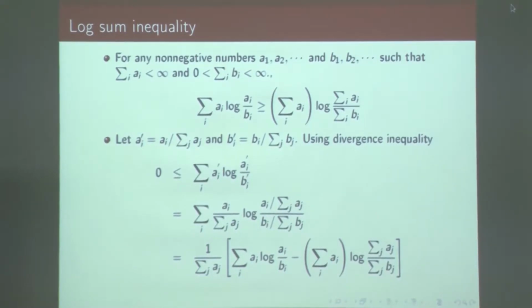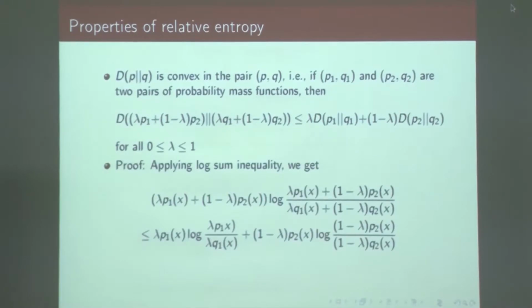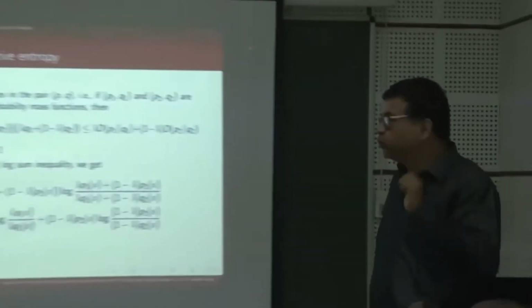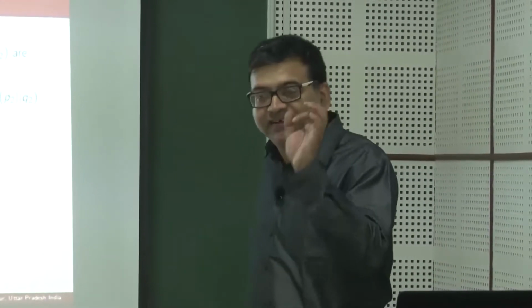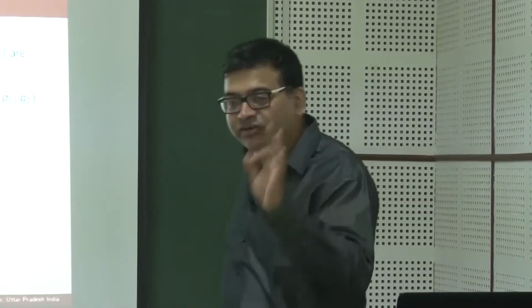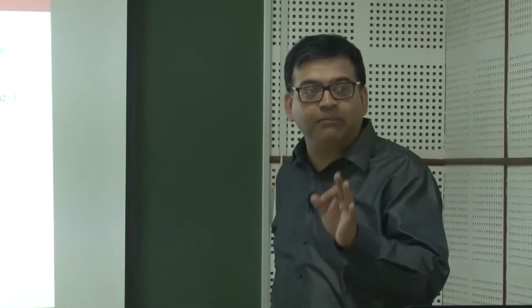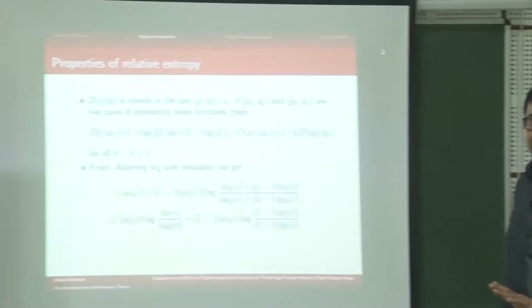So I have to find out what my a1, b1, a2, b2 are. What is my a1? Lambda P1 is my a1, you are absolutely right. What is my a2? 1 minus lambda P2. What is my b1? Lambda Q1. And what is my b2? 1 minus lambda Q2, you are absolutely right.